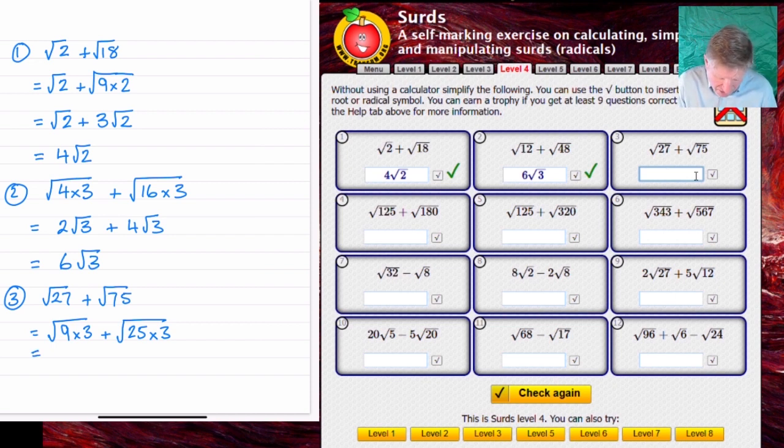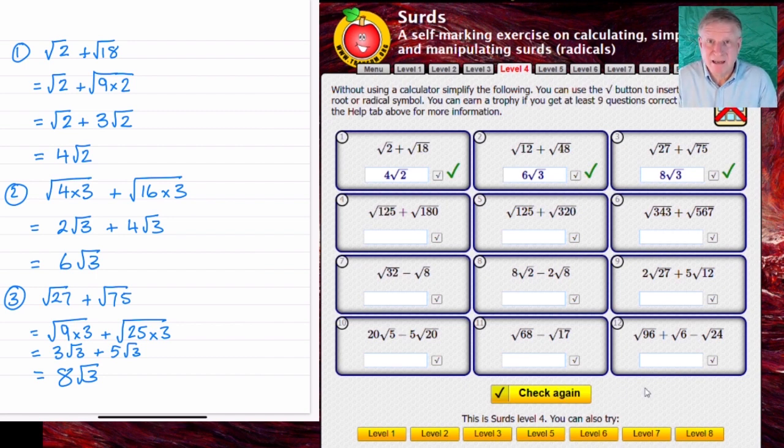We bring out the 9 because it's a square number, and that becomes 3 root 3. 25 is a square number, so the square root of that is 5, so that's 5 root 3. So altogether we've got 8 root 3. Let's see if that's right. 8 root 3. Yes. Okay, have a go at level 4 and then come back here for level 5.